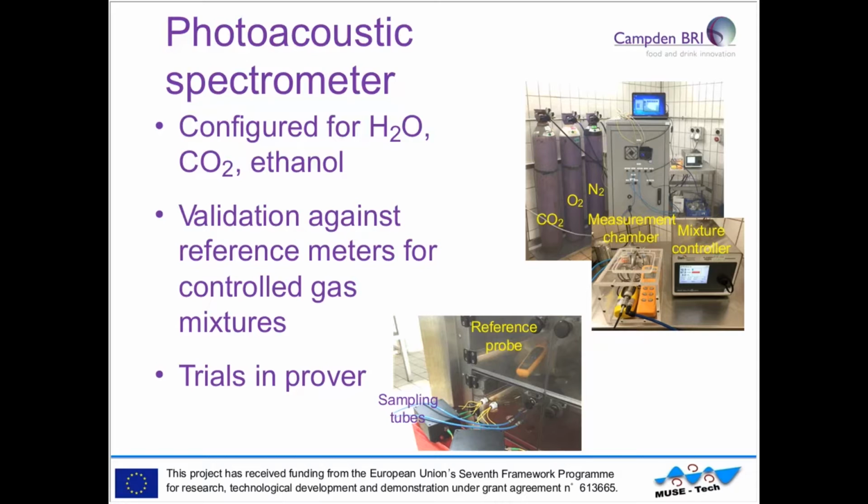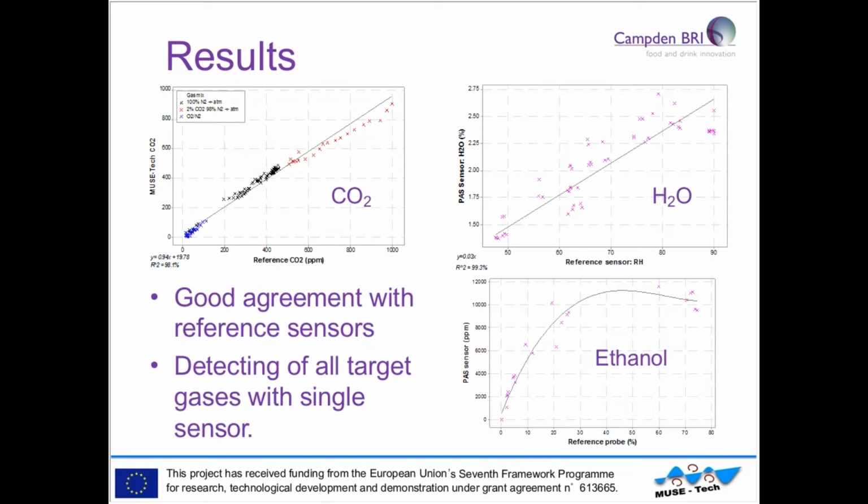And then we moved on to trials in the prover, and you can see some sampling tubes, the little blue tubes you see in the picture at the bottom, running into our laboratory prover and going out to the MUSE-Tech sensor. And the method is that the gas is sampled along those tubes, comes into the detector and is measured there. So these are the results for the reference measurements, and you can see that there is good agreement with the reference measurements for all 3 gases.